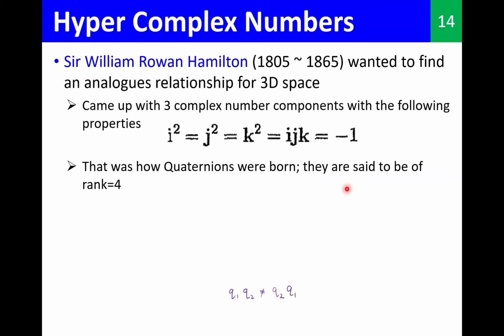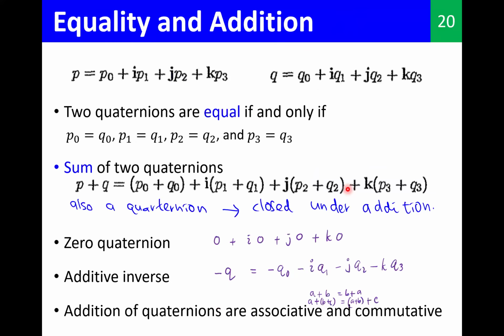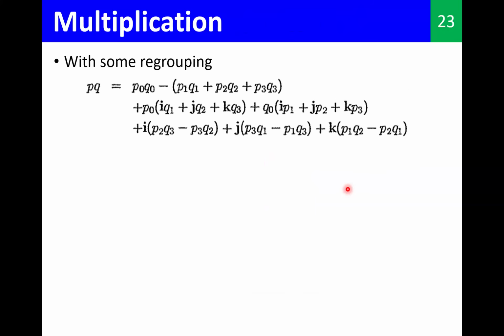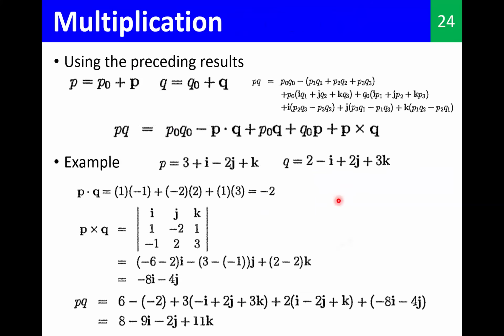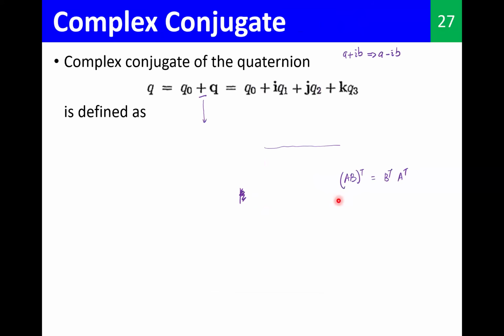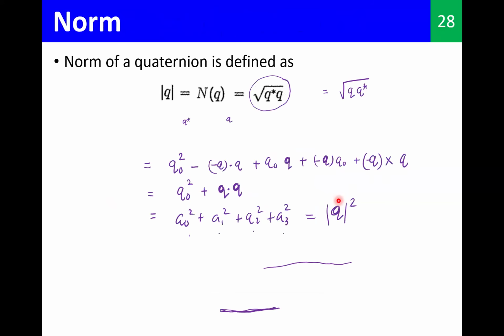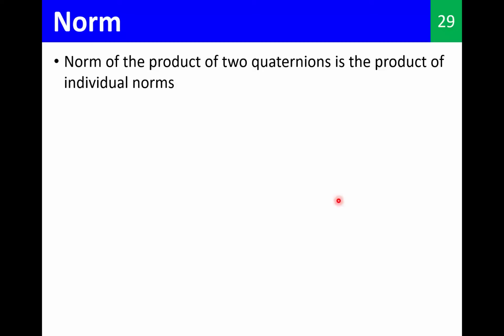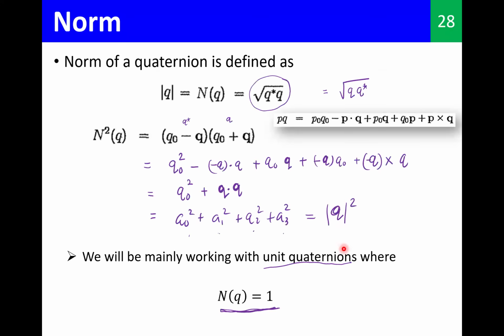Similarly, if I come back, we still don't know what the quaternion does. We are just going through some rules, establishing some rules. But in a similar manner, the quaternions with unit norm are what we would be interested in.